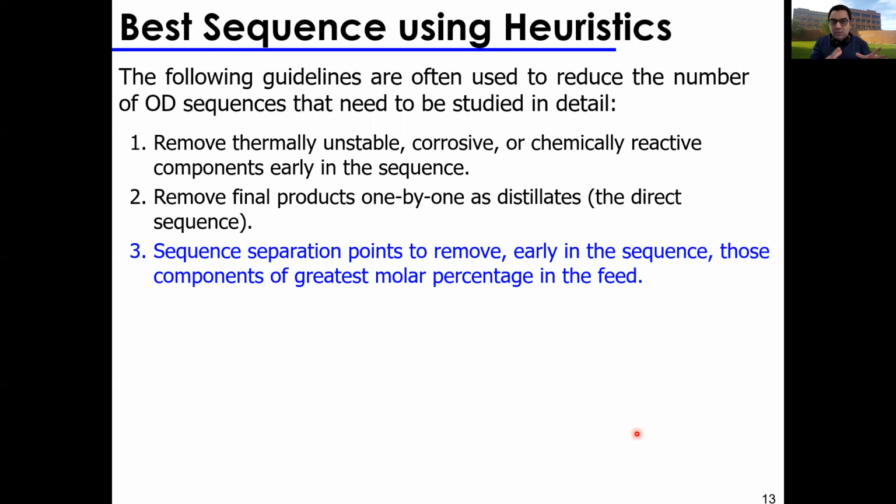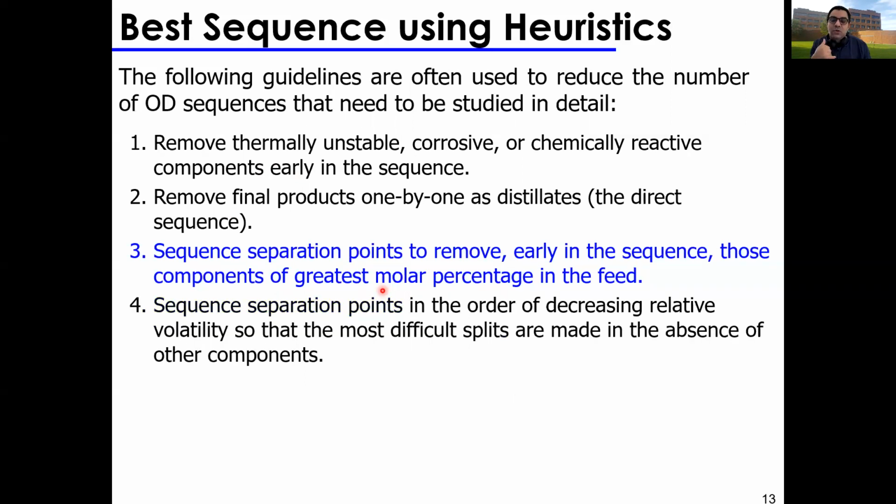This will make my units smaller later on, and save me a bunch of capital cost, operating costs, and that type of thing. So number 3 is very important. Considering 1 and 2, of course, you want to remove the component with the greatest molar percentage as early as you can.